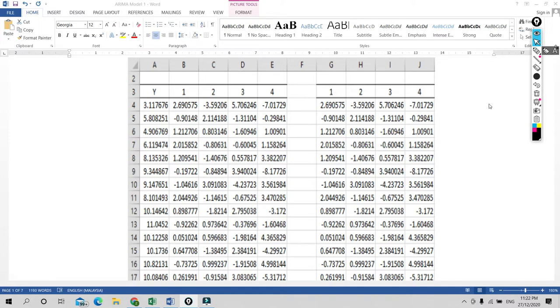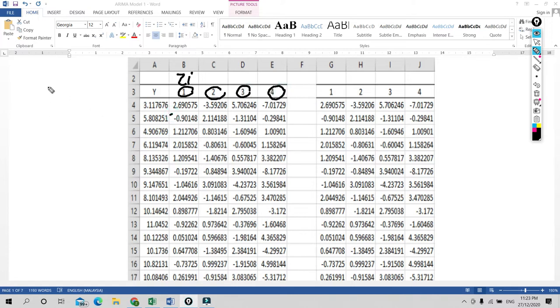So how to find the first differencing? Let's say these are Z sub i. These are first differencing, second differencing, third differencing, and fourth differencing.